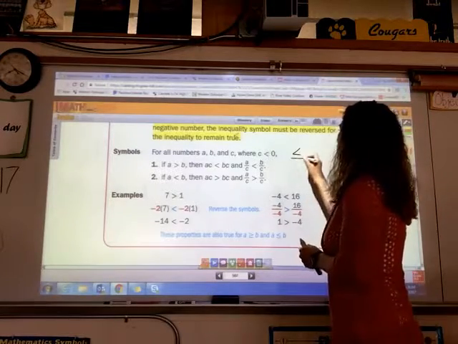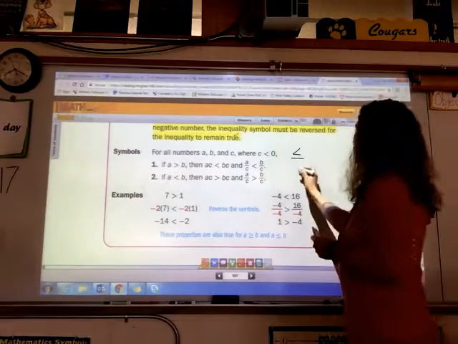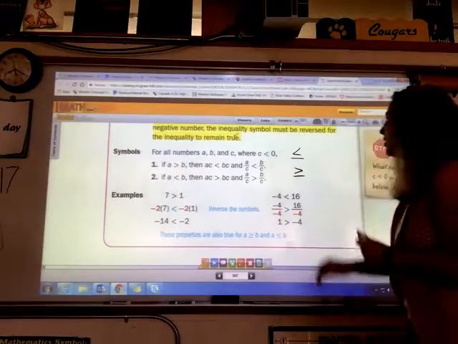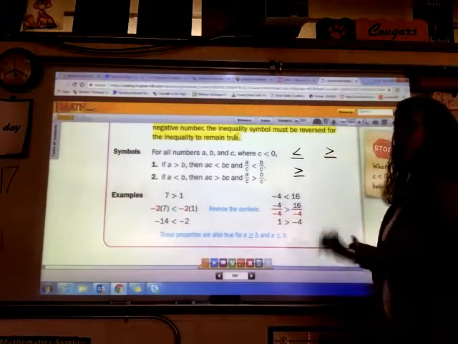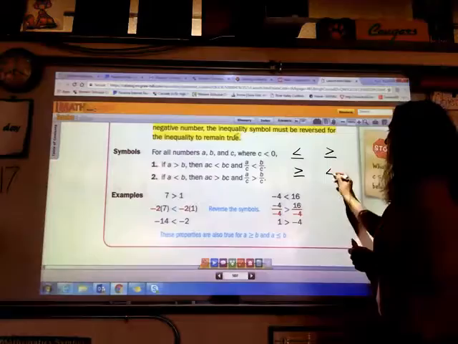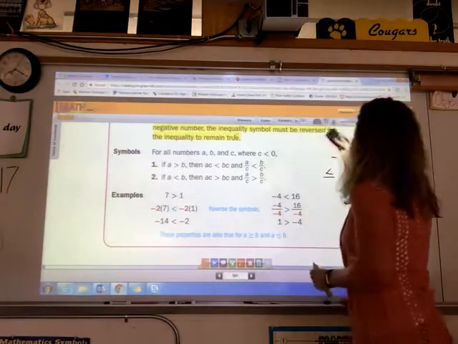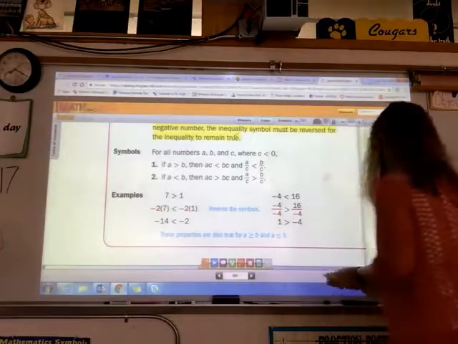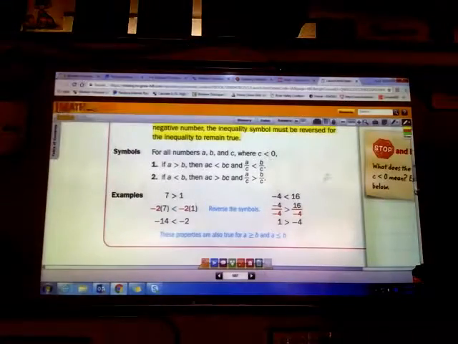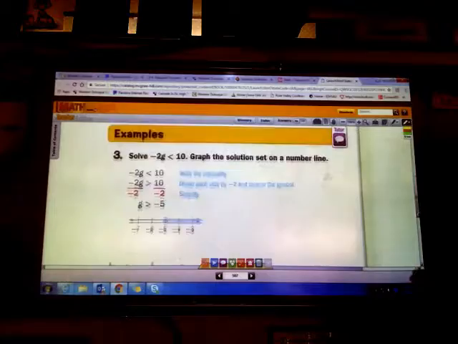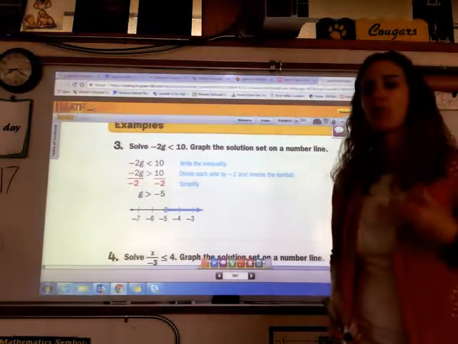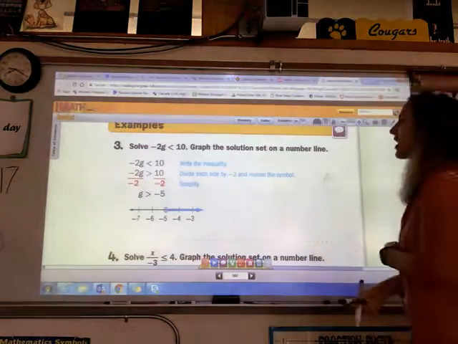If we start off with less than or equal to, when we reverse it, it becomes greater than or equal to. Or if we start off with greater than or equal to and we have to reverse it, then it becomes less than or equal to. Those are some things that we have to make sure that we remember and take note of. A lot of times we forget that we're dividing or multiplying by a negative number, and therefore we forget to reverse that sign.